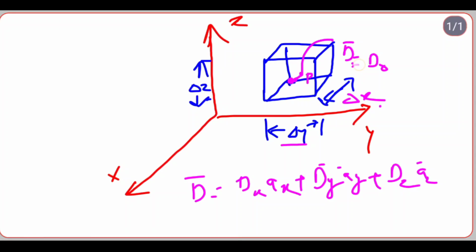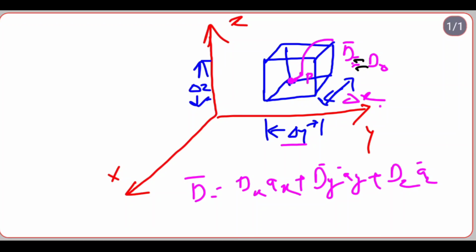Hence D bar at P can be denoted as D naught, that is, at the origin it is D naught. In this diagram we can see the differential volume element.